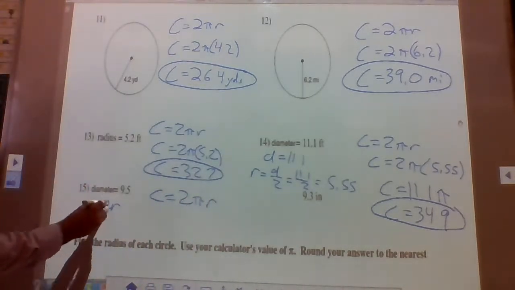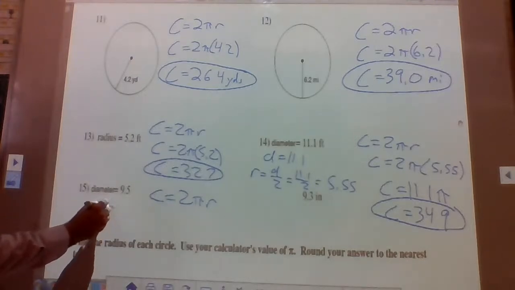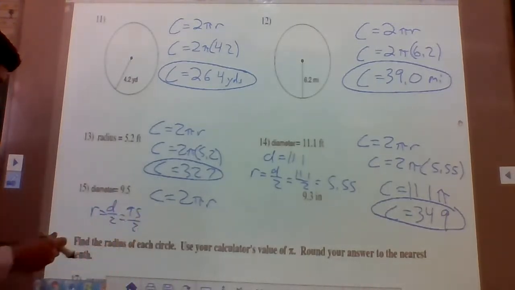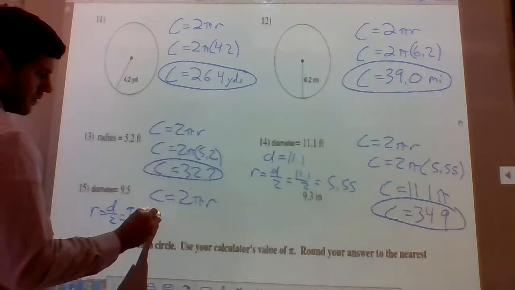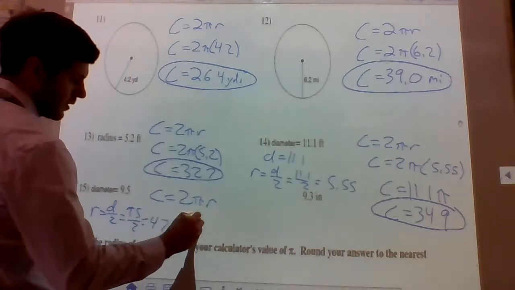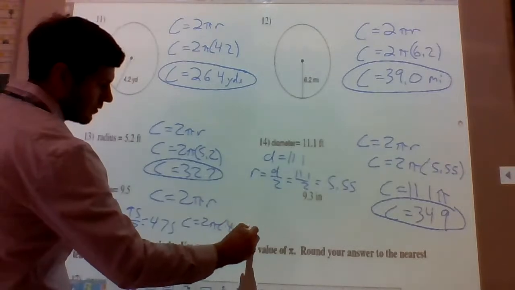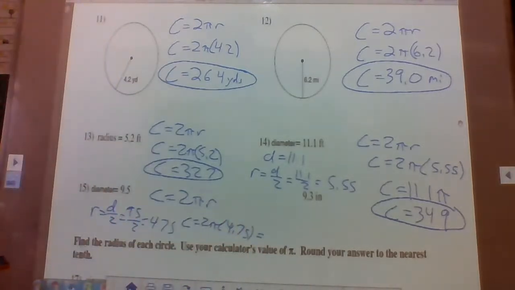The radius is the diameter divided by 2, so 9.5 divided by 2 is 4.75. So our circumference is 2 pi times 4.75, and 2 times 4.75 is 9.5. 9.5 times pi is going to be 29.8.